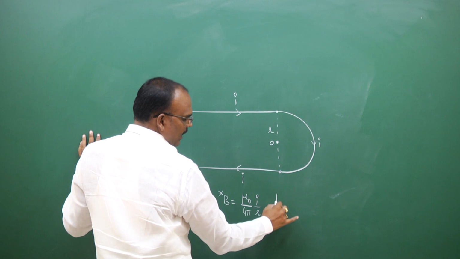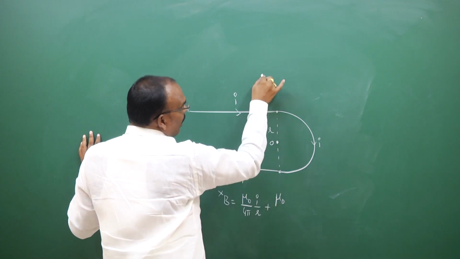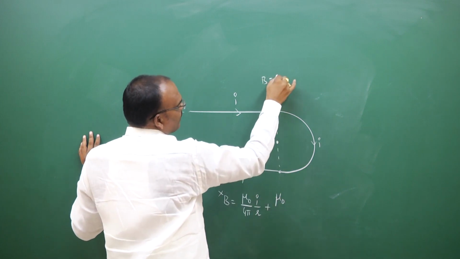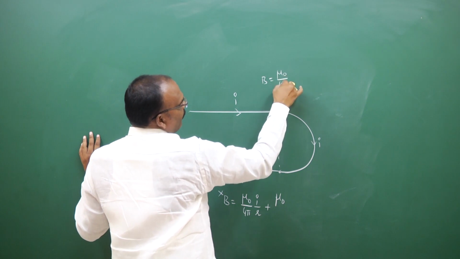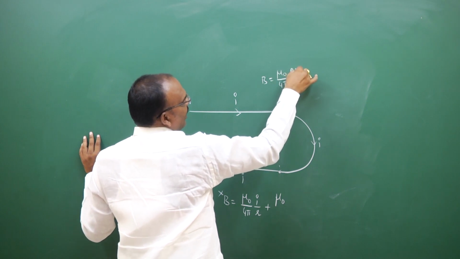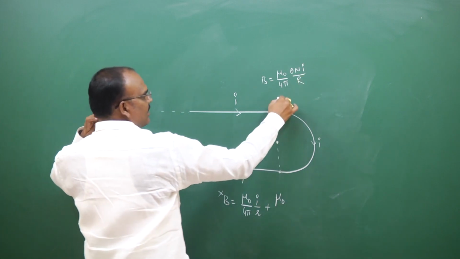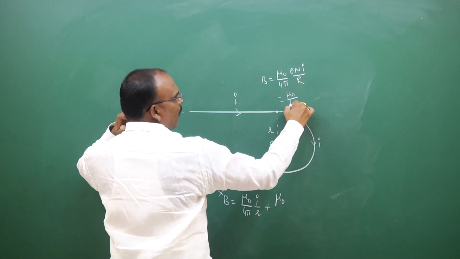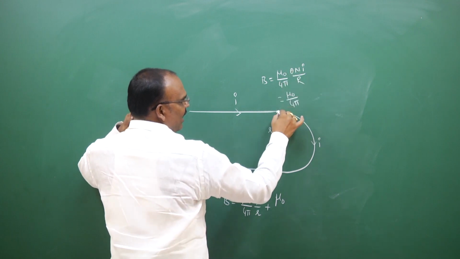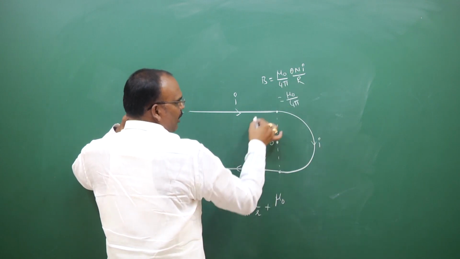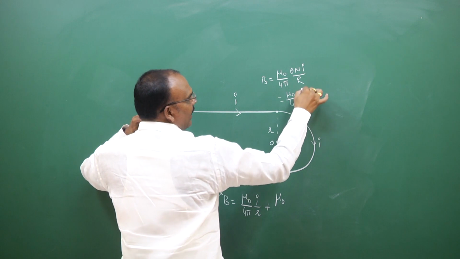So the formula for this magnetic field, B equals mu naught by 4 pi theta N I by R, is going to help us, because here theta value is only pi, not even 2 pi, it is less than 2 pi.